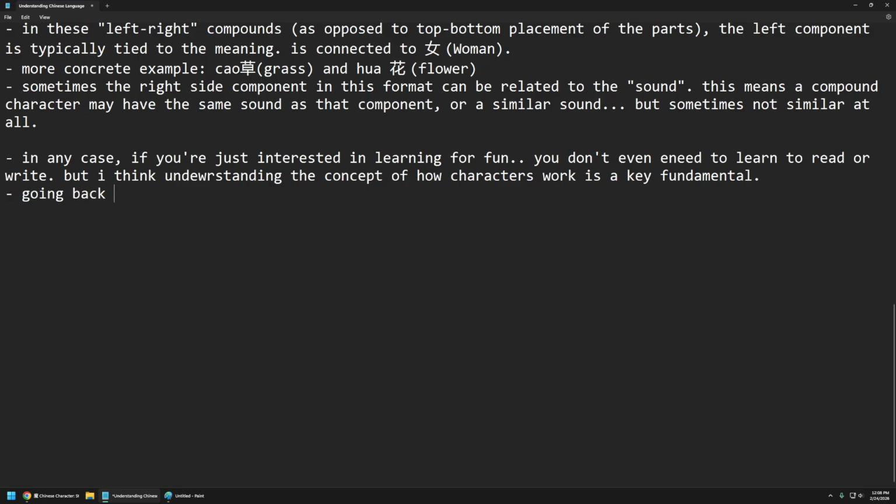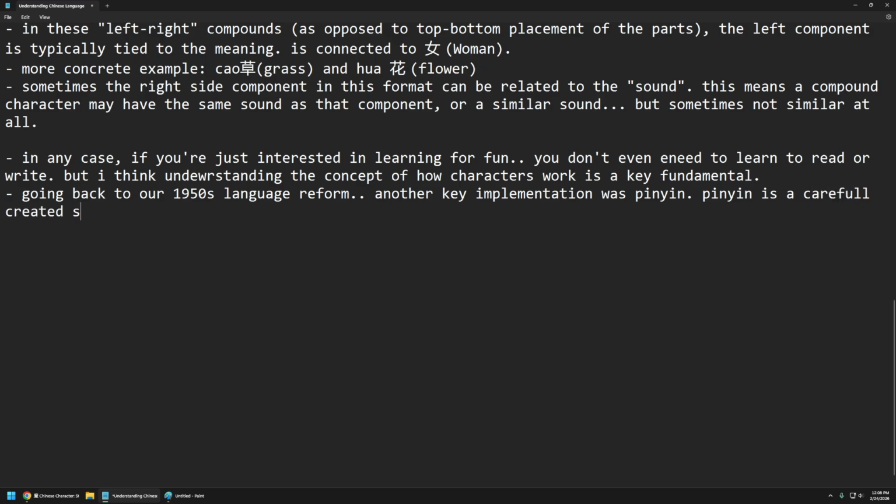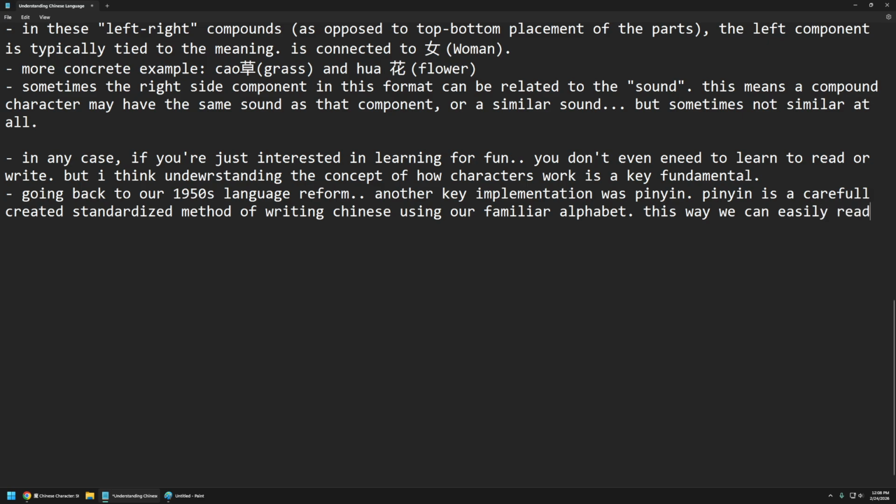So going back to our 1950s language reform, another key implementation was pinyin. Pinyin is a carefully created, standardized method of writing Chinese using our familiar alphabet. This way, we can easily read anything in Chinese.